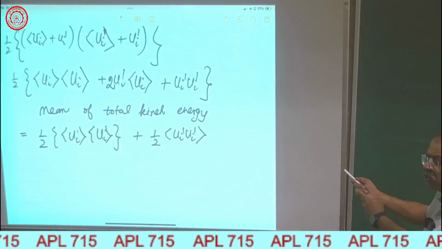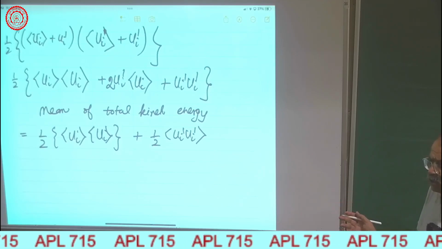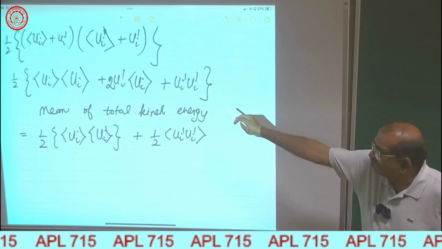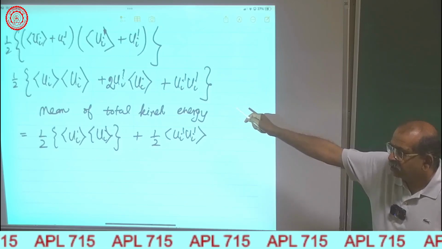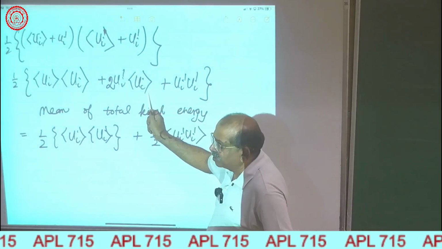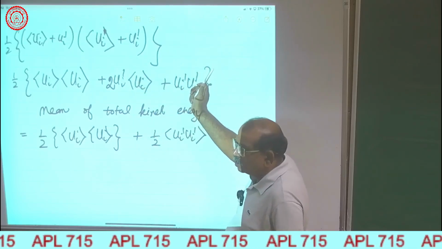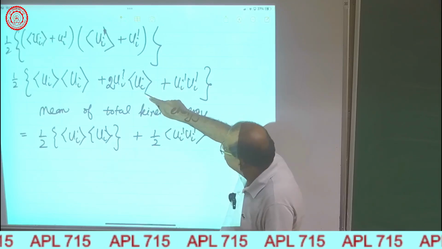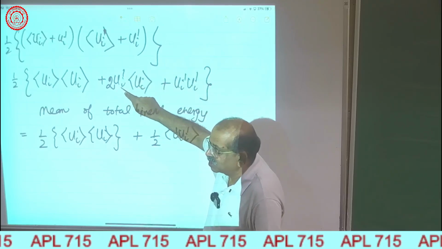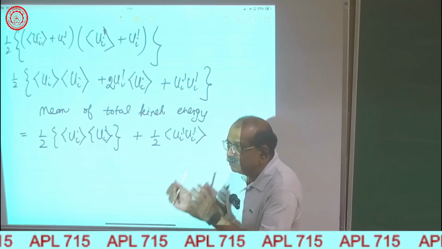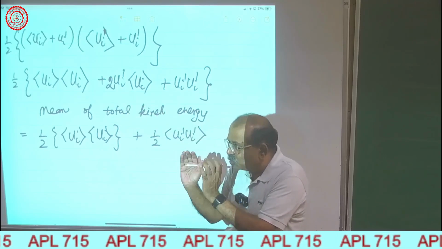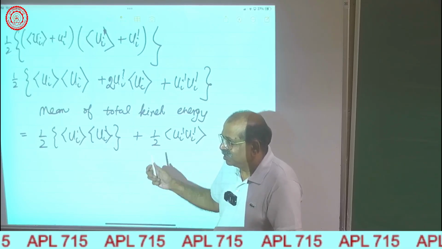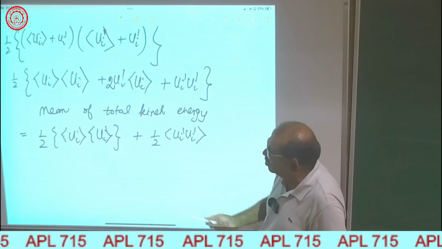The second term we are calling the turbulent kinetic energy, because the other terms will become zero when you take the mean. When you take the mean of this quantity, mean of ui will go out. In fact, this is what will happen in some of the equations when you derive. If you pull the mean out, mean of ui prime itself is zero. If there's a mean of two turbulent quantities, two fluctuations, that will not be 0, the product of that. But this will be 0. So that's how we got this.